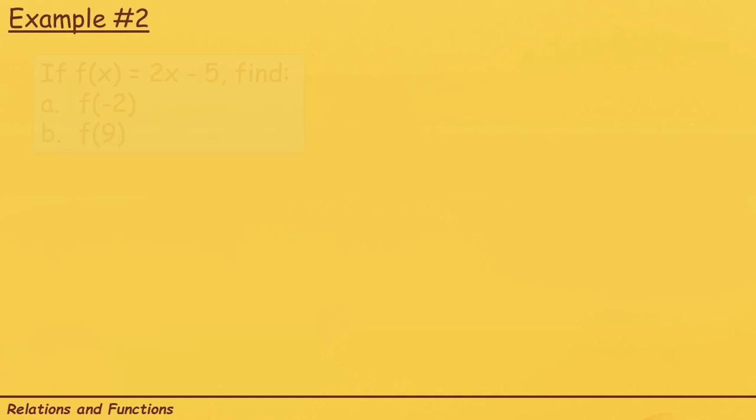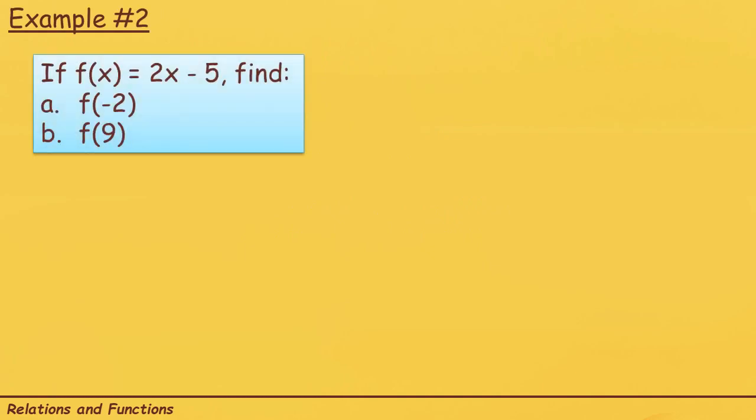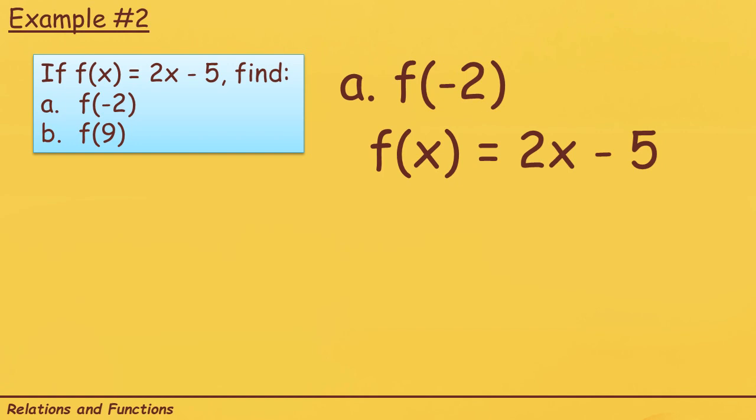Example number 2. If f of x is equal to 2x minus 5, find a, f of negative 2, b, f of 9. Okay, so dito dalawa yung hinahanap natin, a at b. So unahin natin yung letter a, which is f of negative 2. So from here, isulat muna natin yung given. F of x is equal to 2x minus 5.